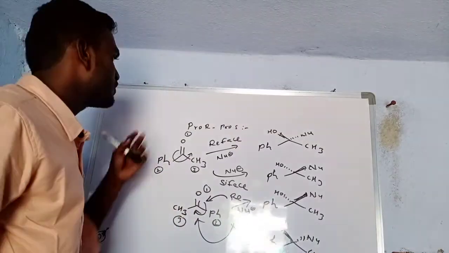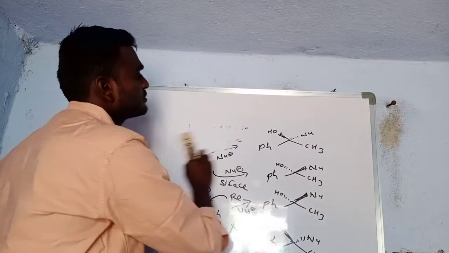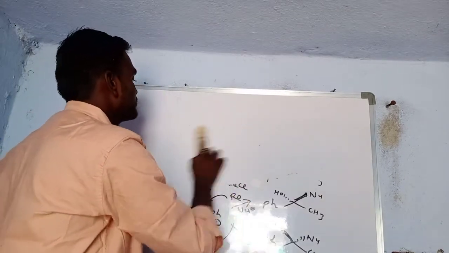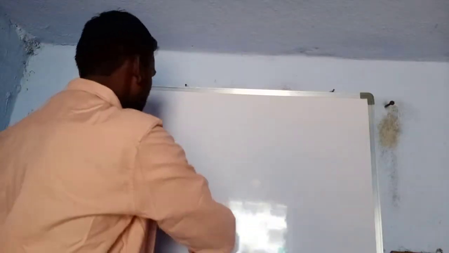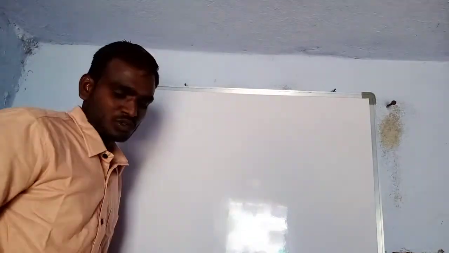Okay, now we shall move on to the terminology, that is topicity of the molecules. What is topicity and what is the relation between them? Homotopic and heterotopic ligands are there. First, what is meant by topicity?